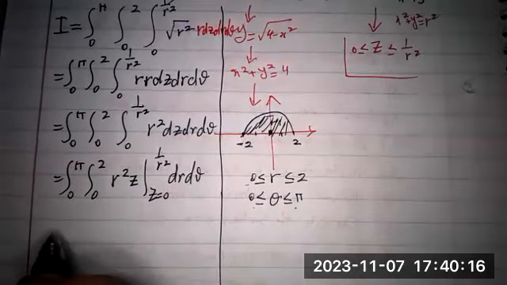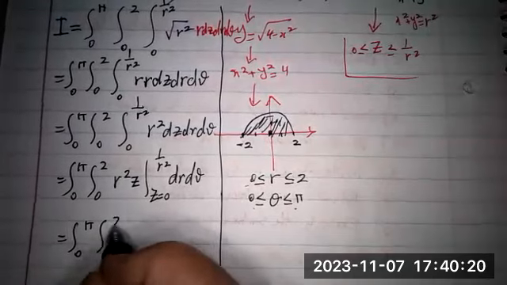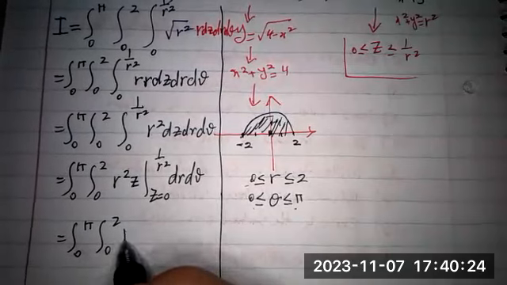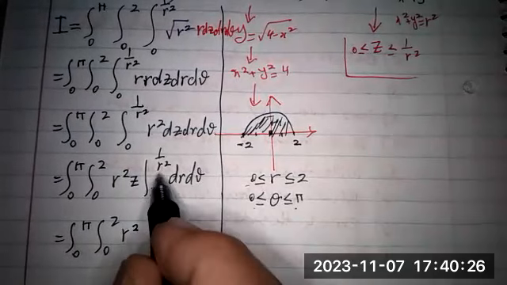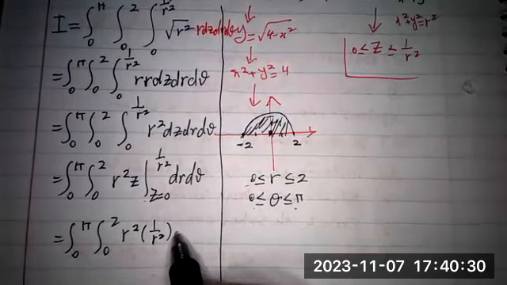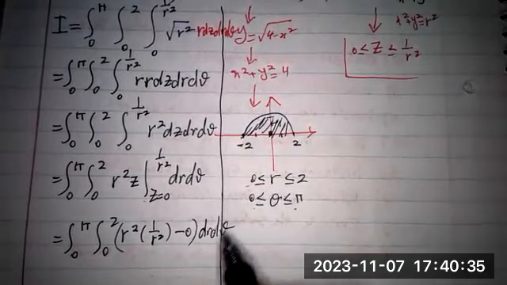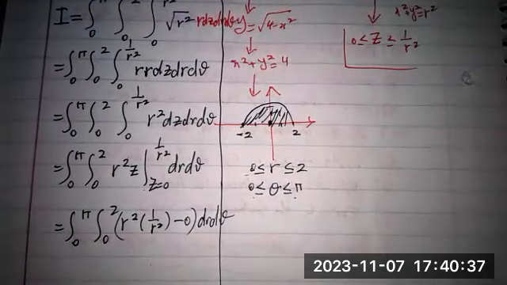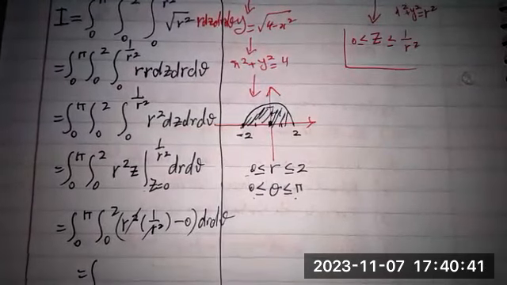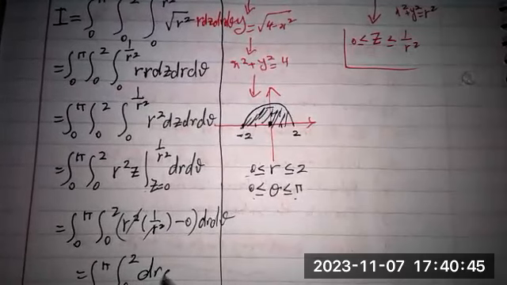You substitute: r squared z gives you r squared times 1 over r squared, and when z is equal to 0, that would be 0. Then dr d theta. If you multiply that, it gives you 1. So 0 to pi, 0 to 2, simply dr d theta.